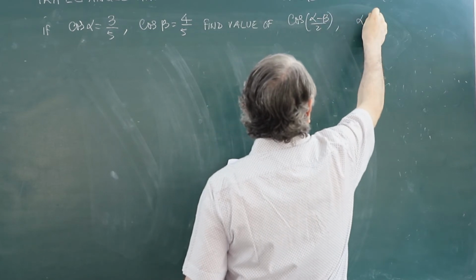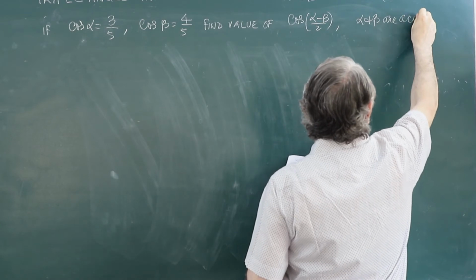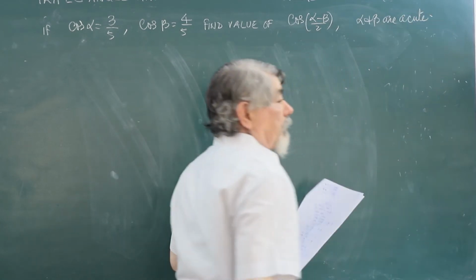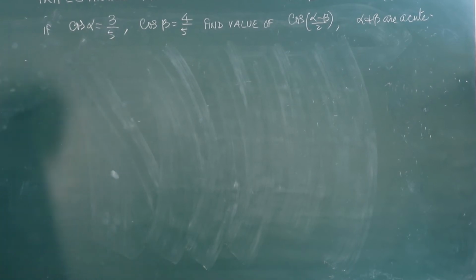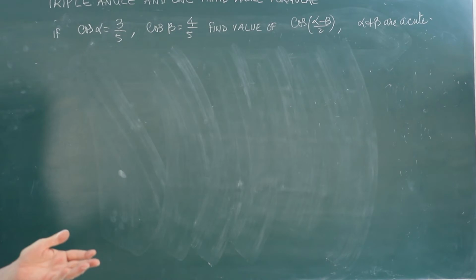Alpha and beta are acute. Acute means they are going to be in the first quadrant. They have to be between 0 and 90, so they are going to be in the first quadrant.